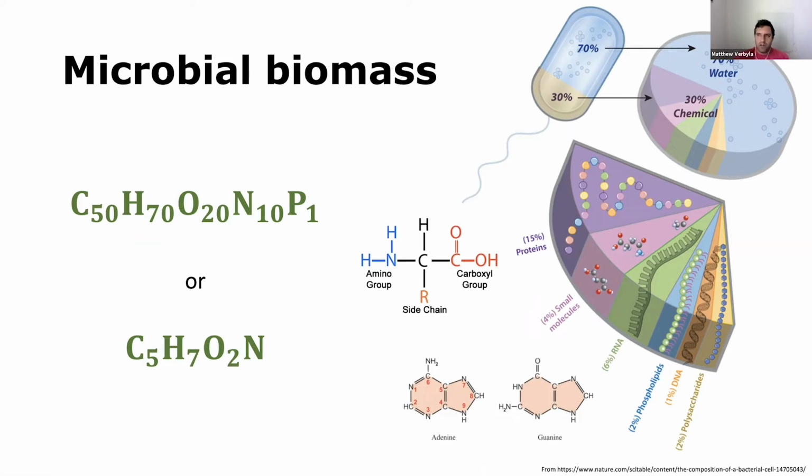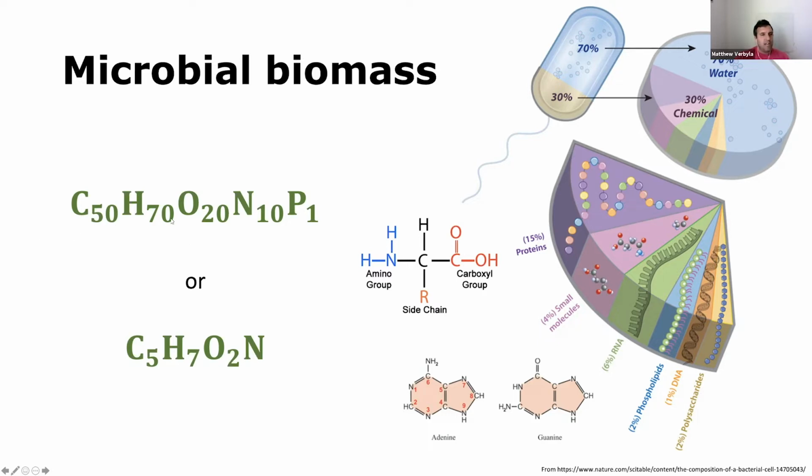Bacteria in these wastewater treatment systems are constantly reproducing. They're producing new microbial cells. And we can represent that microbial biomass as a chemical compound proportional to the amount of carbon, hydrogen, oxygen, nitrogen, and in some cases phosphorus that we find in those cells.